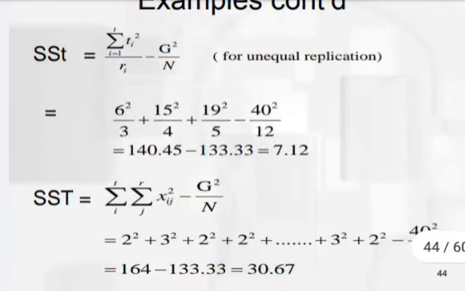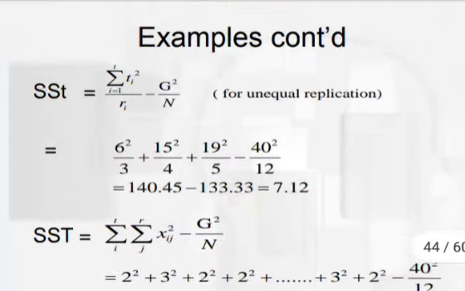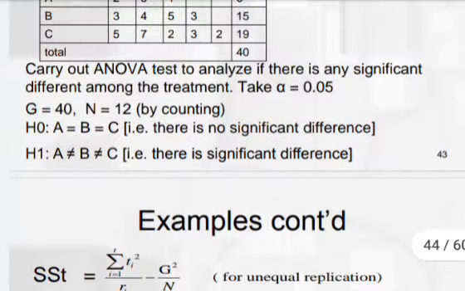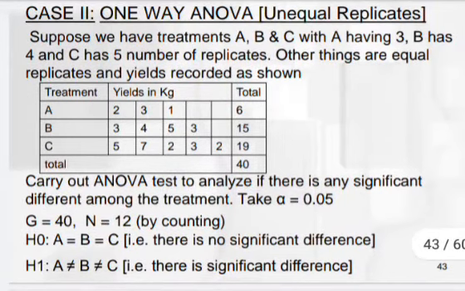Now look at the difference here. Unlike the ANOVA with equal replicates, the difference here is that the total of each treatment is divided by its replicates. For example, look at the first one, treatment A, it has 2, 3 and 1, so it is summed together.